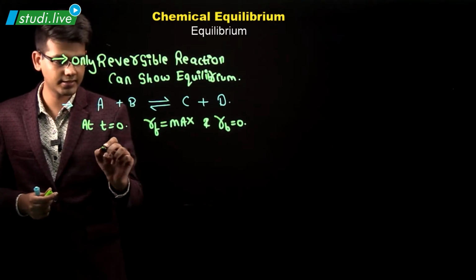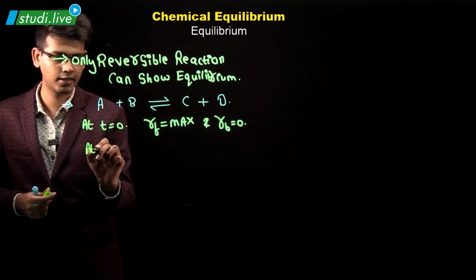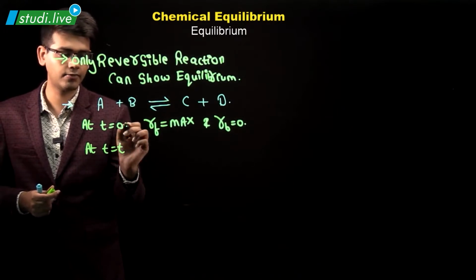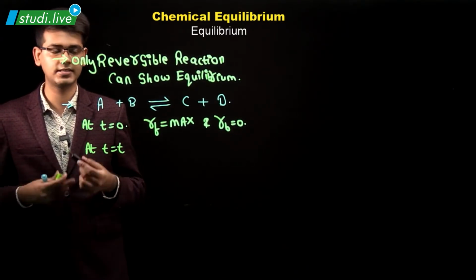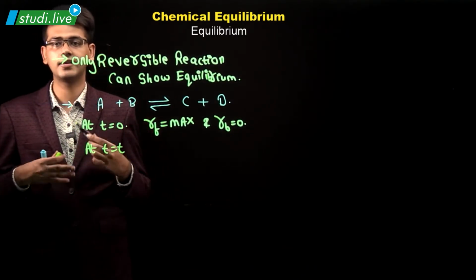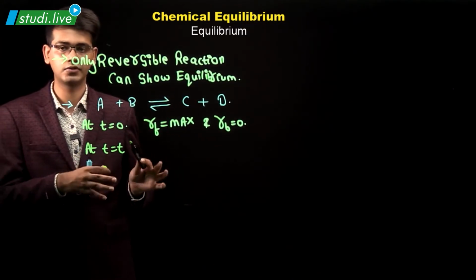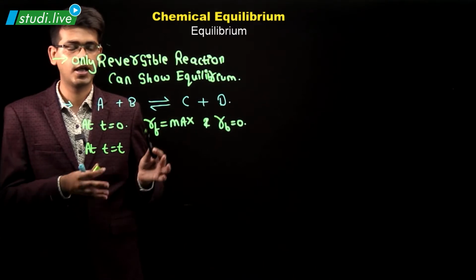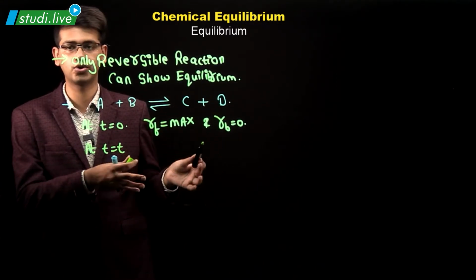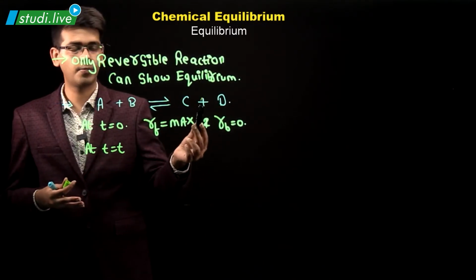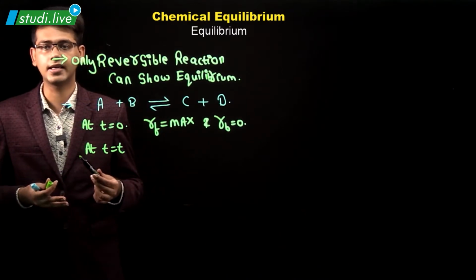Now let's say at some point t, where t is greater than 0, the reaction has started. A and B reactants are reacting together to give C plus D, which is the product. Since this is a reversible reaction and product formation has taken place, the backward reaction will also start taking place.